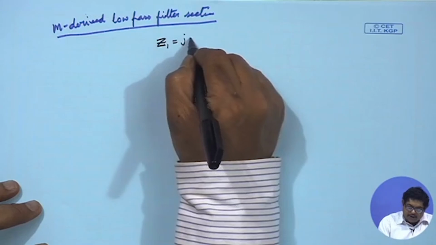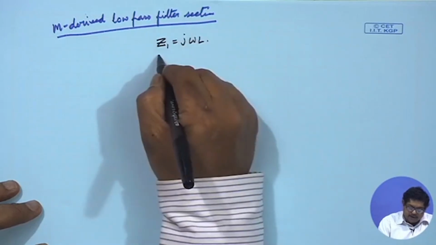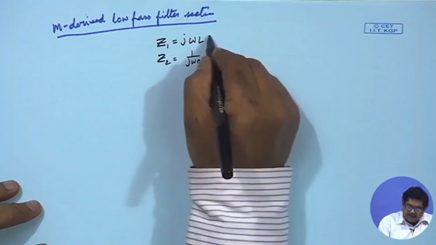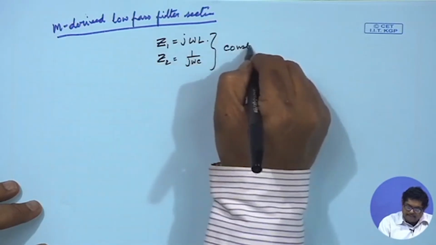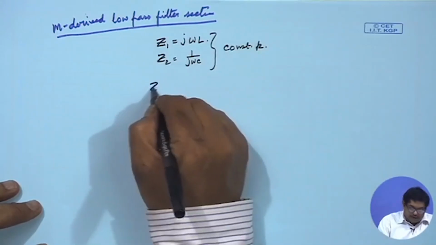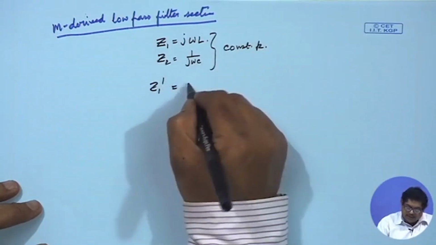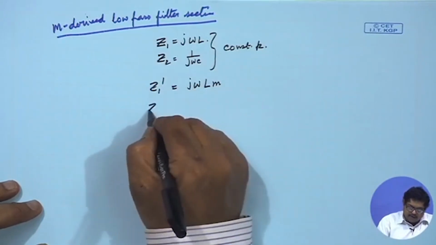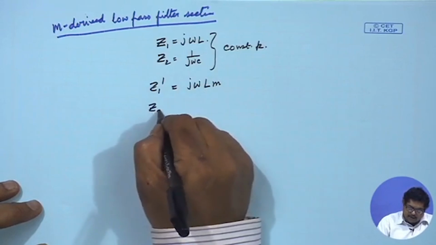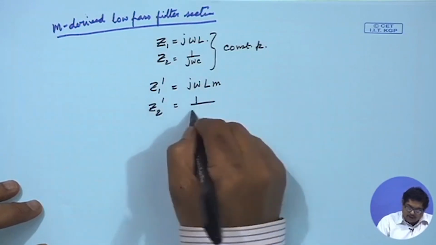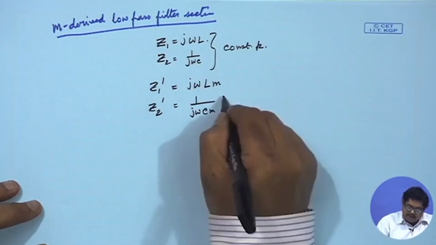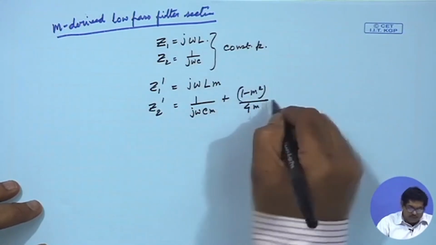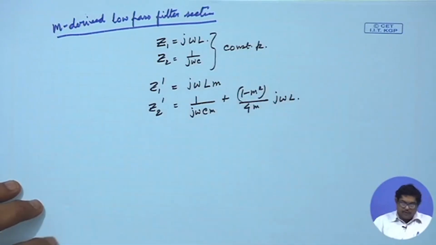In constant k, we choose Z1 equal to j omega L and Z2 equal to 1 by j omega C; this is constant k. So, Z1 dashed for the m-derived section we will choose as j omega L m, and Z2 dashed as 1 by j omega C m plus 1 minus m square by 4 m j omega L.